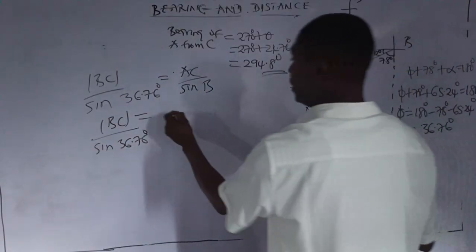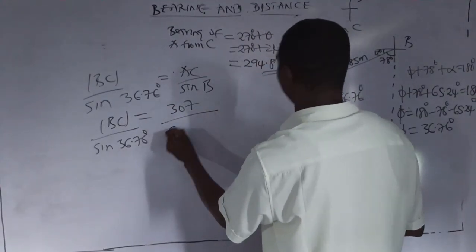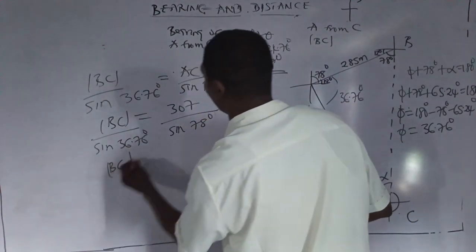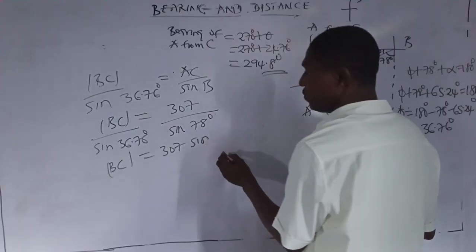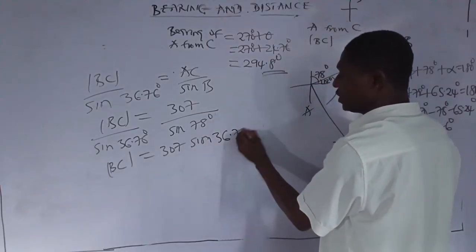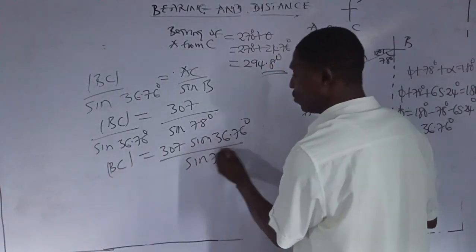Here's my AC, this is 307, over sine the value of B, 78 degrees. So my BC will be equal to, if I cross multiply, 307 sine 36.76 degrees divided by sine 78 degrees.